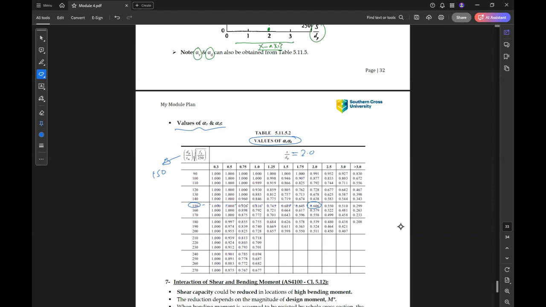So lambda V times lambda D equals 0.606. And then using VB equal to lambda V lambda D lambda F times VW, you can replace this with 0.606 times 1, and you can find VB.